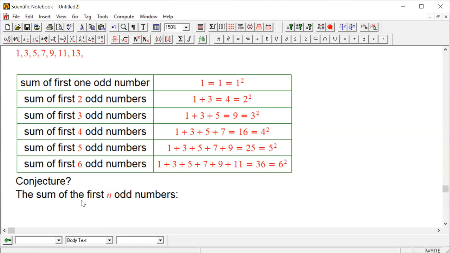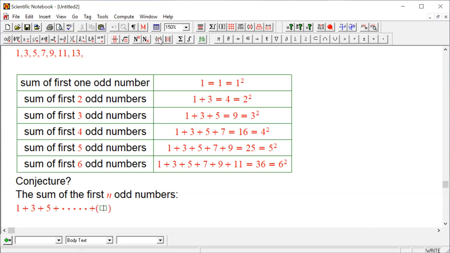So now the sum of the first n odd numbers is 1 plus 3 plus 5 plus, if we keep going, we start making guesses. We observe the phenomenon up to 6. Then you say, what if the first n?